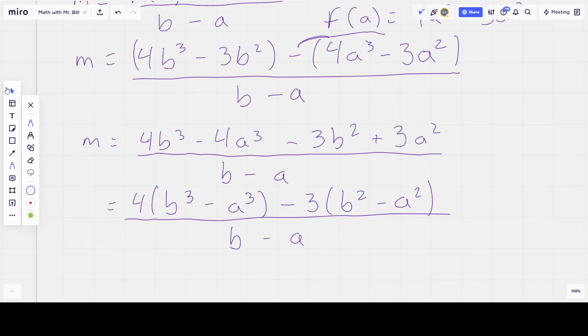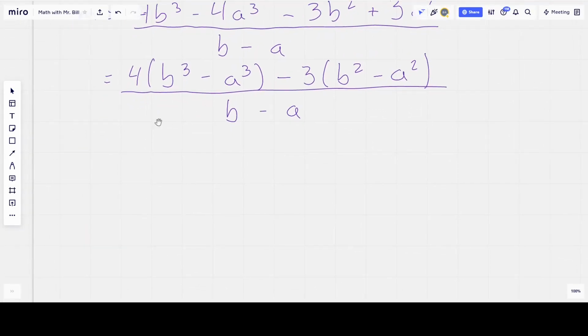So there's my factorization. And now with the 2 parenthetical terms, I have the difference of 2 cubes and the difference of 2 squares. And both of those are factorable. I'm going to put down what the factorization is. If you need to, you can go back and find information on how to factor the difference of cubes, since that's a little bit harder and not well known.